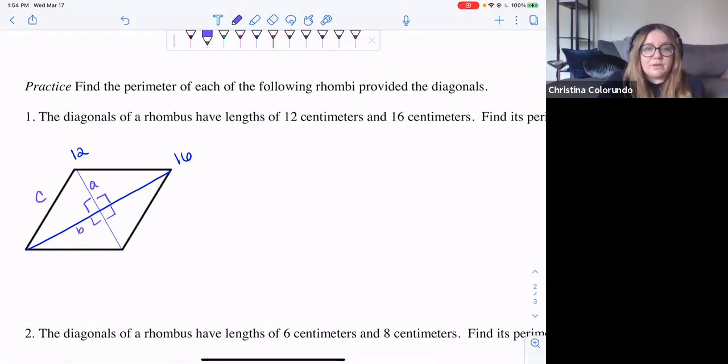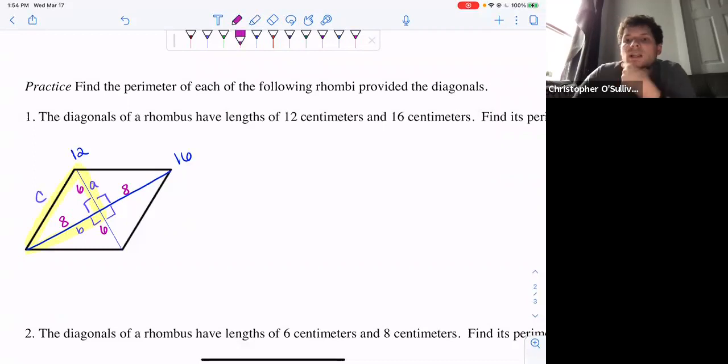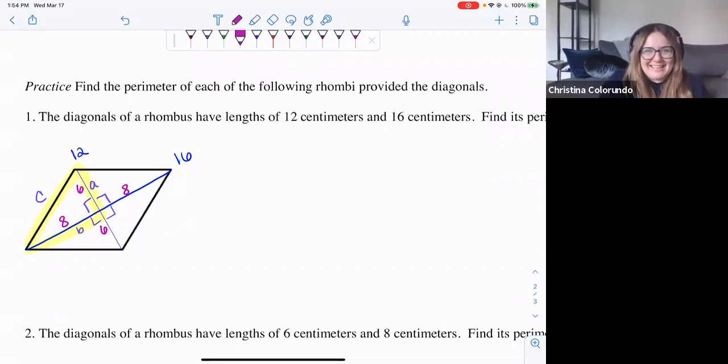So for the diagonal that is 16, we have the bisects as 8 and 8, because 16 divided by 2 is 8. And for the diagonal of 12, we have the bisects being 6 and 6, because 12 divided by 2 equals 6. At this point, we are ready to use the Pythagorean theorem to solve for the hypotenuse.